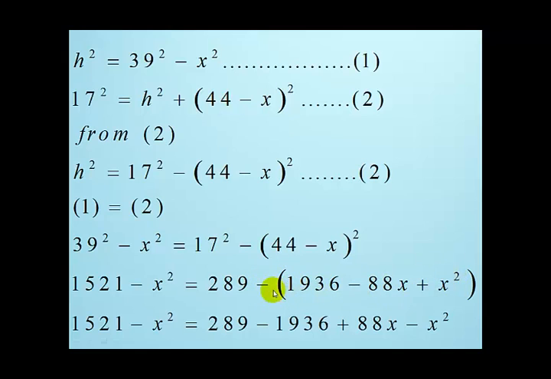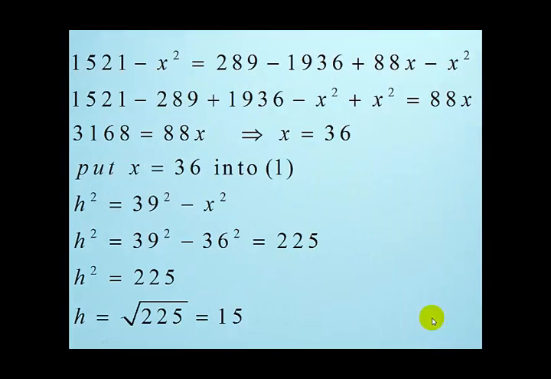So minus 1 times 1936 will be minus 1936, minus 1 times minus 88x will give us plus 88x, and minus 1 times plus x squared will give us minus x squared. Now let's proceed. 1521 minus x squared is equal to 289 minus 1936 plus 88x minus x squared.